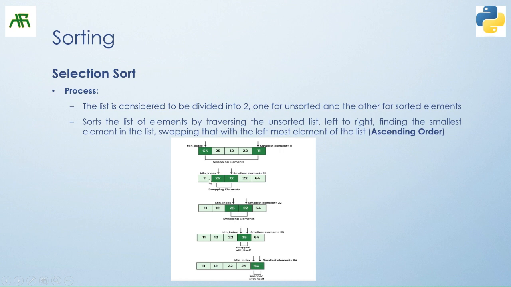Since 11 is already there, the new leftmost will be where 25 is present, and that will be swapped across. Now in the third pass, 22 is identified to be the smallest, so that is placed before 25, and it's all set: 11, 12, 22, 25, and 64. So finally, we have the ascending order of elements.